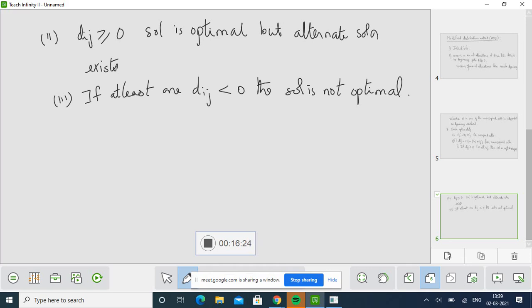Suppose it is not optimal. Then what is the step number here? 3. Okay, so I have to go for the fourth step.